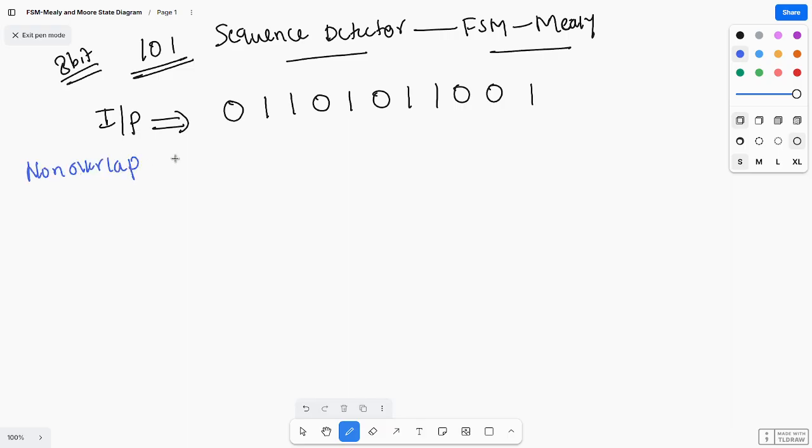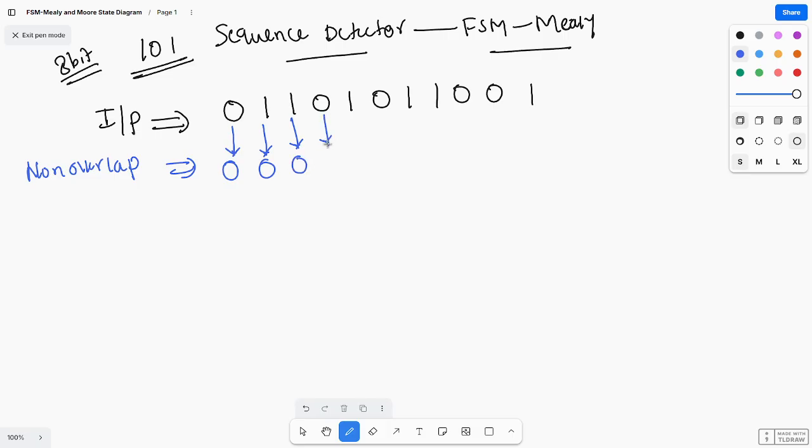So what is this non-overlap? If the sequence is detected, the output is 1. If the sequence is not detected, the output is 0 only. So here 0 is there, sequence is not detected, output is 0. Here 0 1, not detected, output is 0. 0 0 1, 0 1 1, I didn't get the sequence, so the output is 0 only.